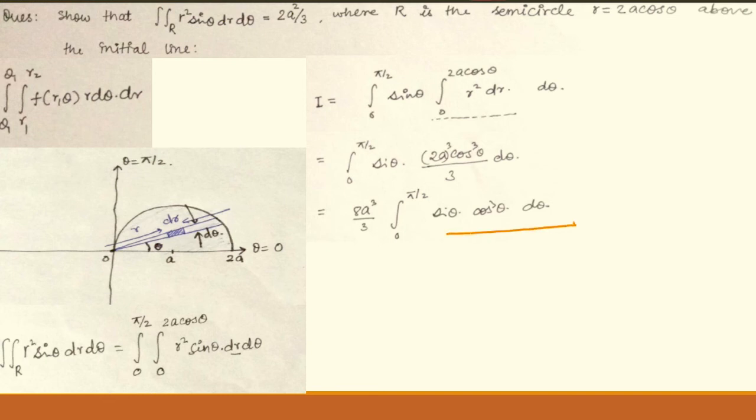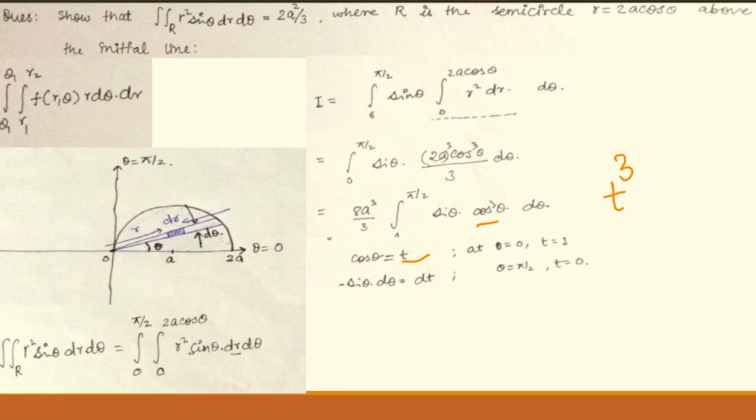Now for integrating this, we will use the substitution rule. Let cos theta equal to t, then cos cube theta will be t cube, and differentiating gives minus sin theta d theta equal to dt. So d theta will be dt divided by minus sin theta.